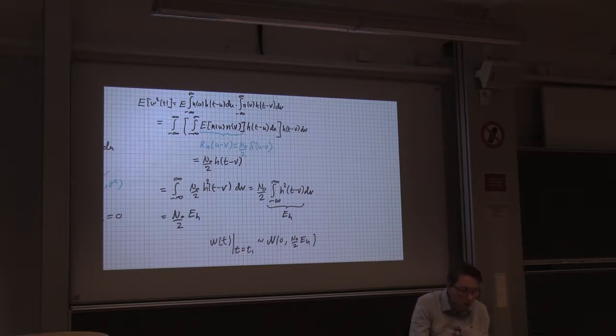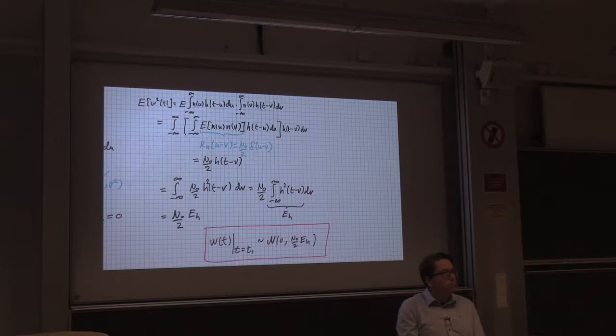So this is a very important conclusion, so I'll put that inside red. We now know that if we take white noise and we filter it, we get something which is much more well behaved. Instead of taking samples with infinite variance, we now get samples with finite variance, given as n0 over 2 times the energy of the filter impulse response.